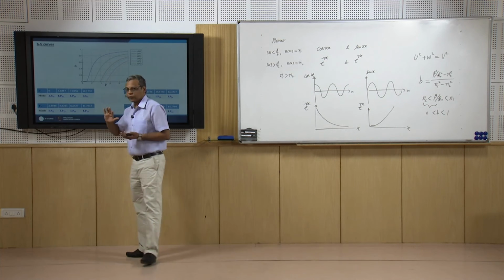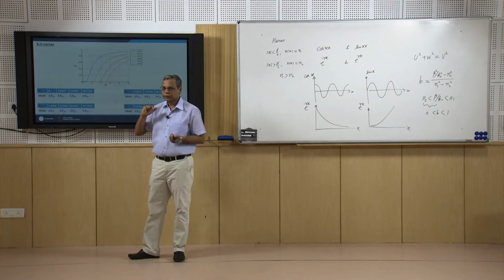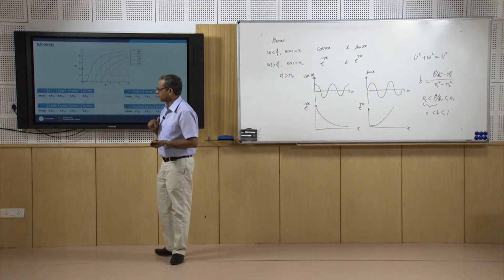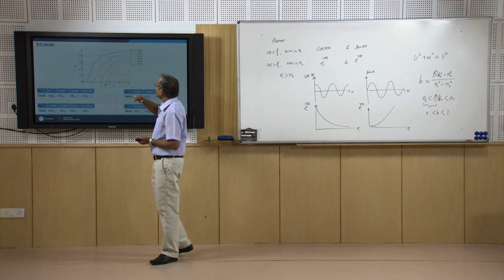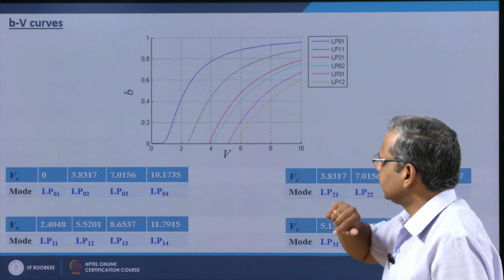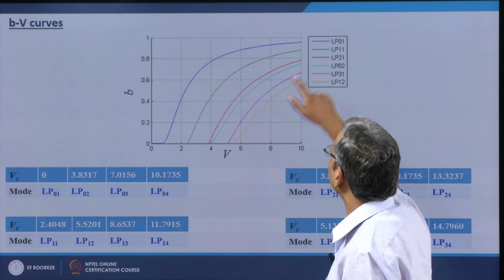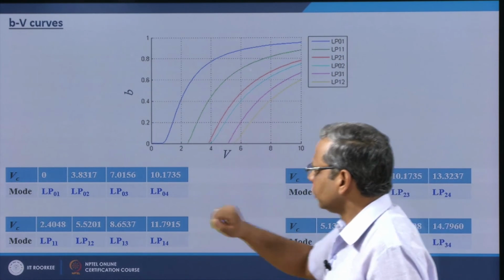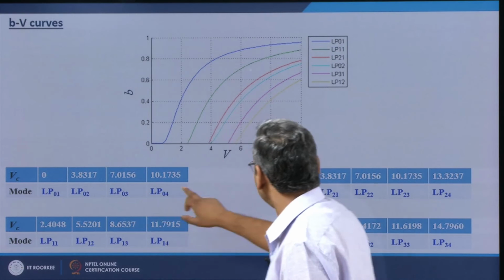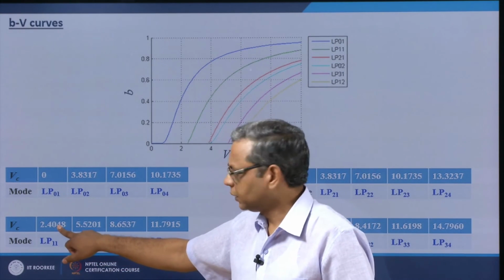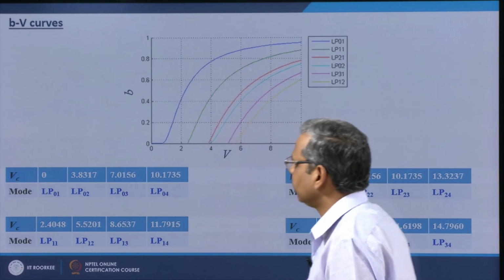So, we are not going into the details of vector modes, we will confine ourselves to the scalar modes in this course. Now, what I see is that the next cutoff appears for the LP11 mode. So, this is 0, the next number is 2.4048, which corresponds to the LP11 mode.